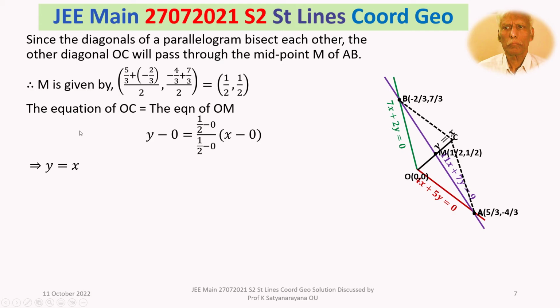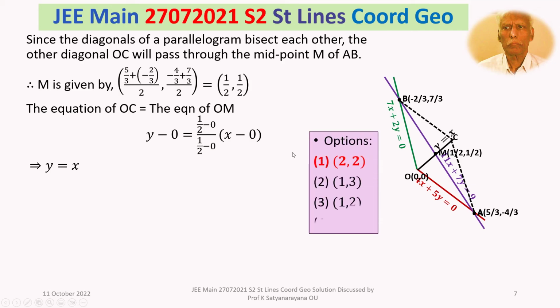So the other diagonal OC is here, and we have to find which of the given four options lies on that other diagonal. These are the four options given to us, and y = x will pass through (2, 2), because this is the only point with the x coordinate equal to the y coordinate.